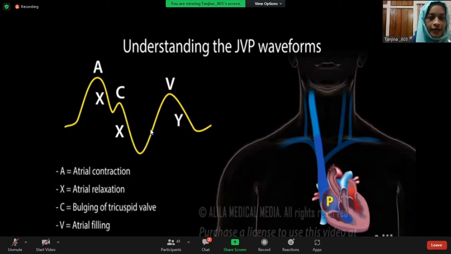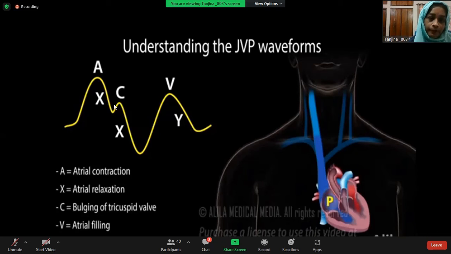During the relaxation after ventricular contraction, the V wave is produced due to atrial filling from the superior vena cava. After atrial filling, the tricuspid valve opens and blood passes towards the right ventricle and causes the Y descent.